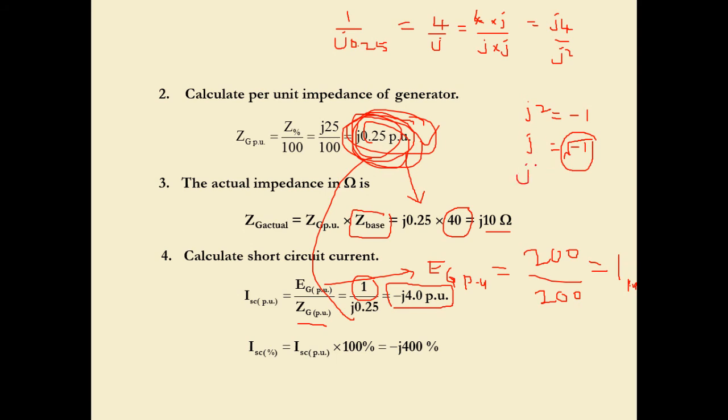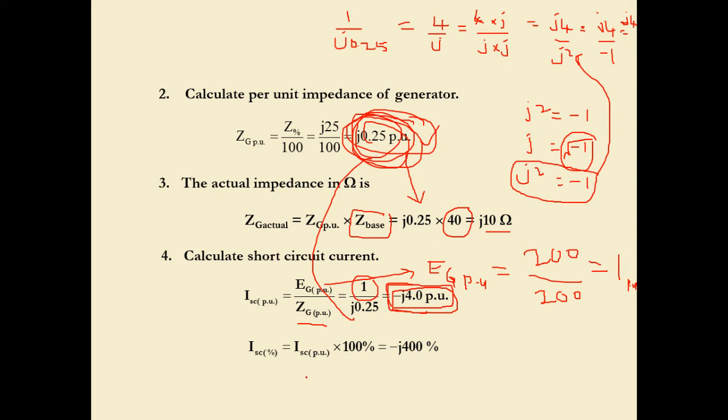By having that, you know that J square is equal to negative 1. Then substitute this negative 1 into here. So we get J4 over negative 1, which is basically negative J4. Here is the answer, negative J4 PU, of course.